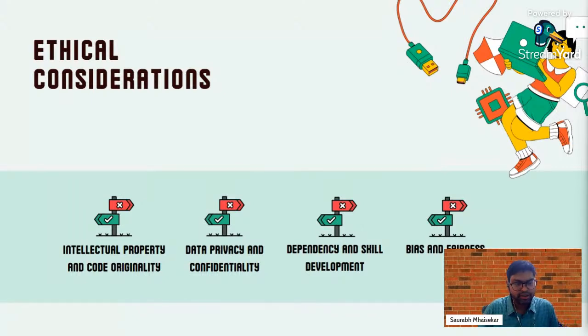One of those things is intellectual property and code originality, which basically means the biggest concern nowadays is privacy, right? GitHub Copilot uses different models that are generated on the public code base that is available to it. So it brings up the question: who owns that code?